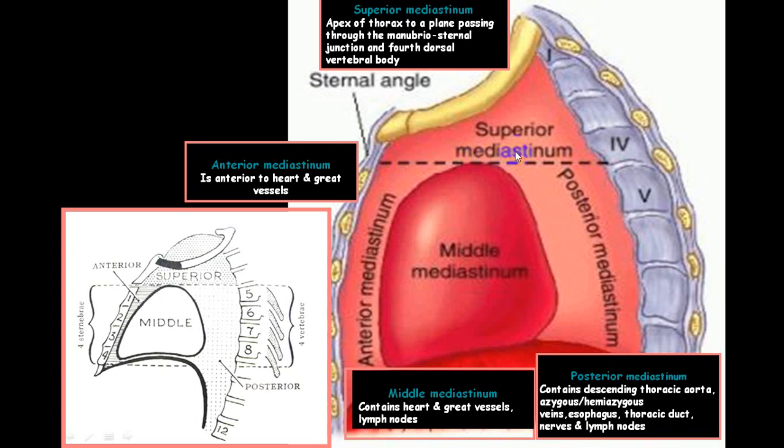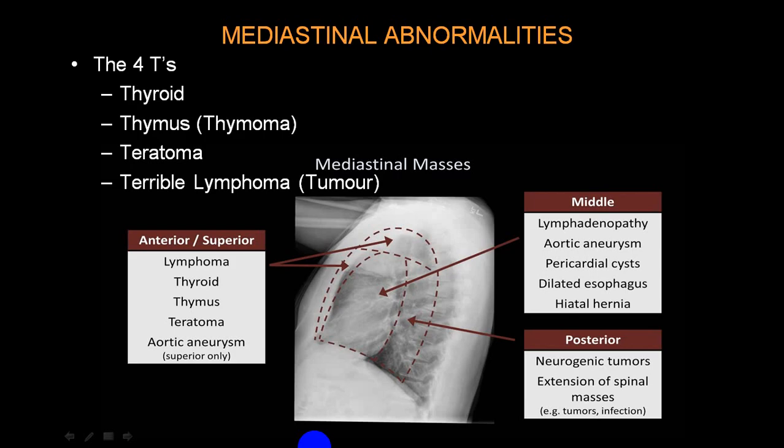This is the imaginary line, and above that is the superior mediastinum. And in the posterior part, it consists of the descending aorta, azygos vein, esophagus, thoracic duct, lymph nodes, etc. And this middle part consists of the heart and great vessels and some lymph nodes. So try to identify these structures in a lateral view.